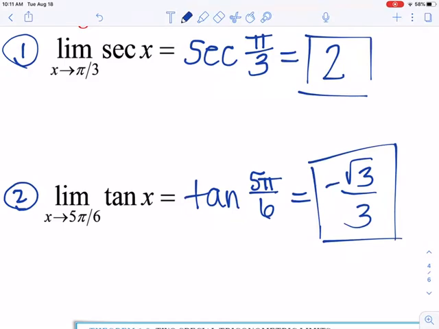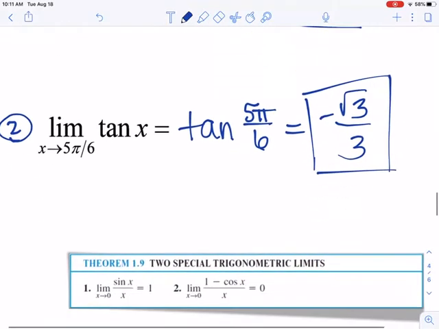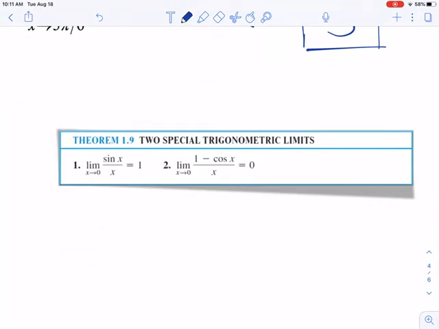But then we have a couple special rules that I need you to be able to remember. We have two special trigonometric limits. Here they are right here. Number one, the limit as x approaches 0 of sine of x over x equals 1.